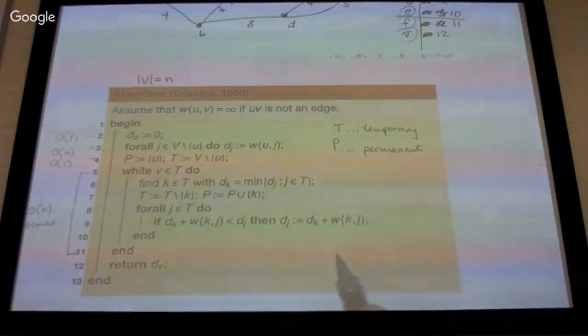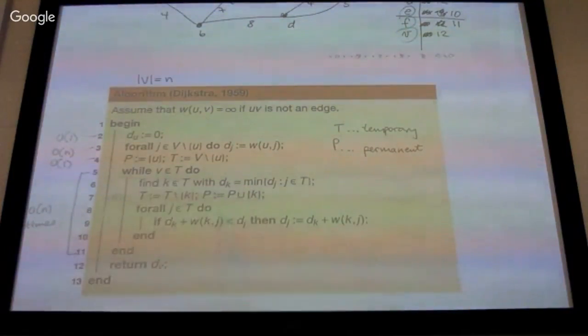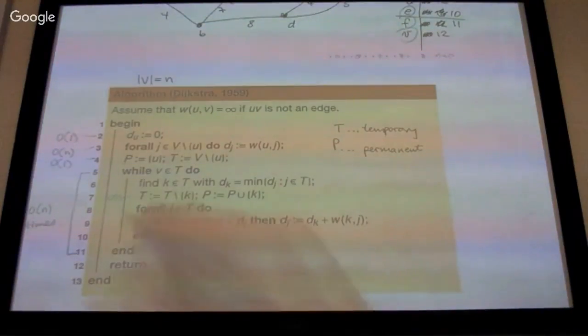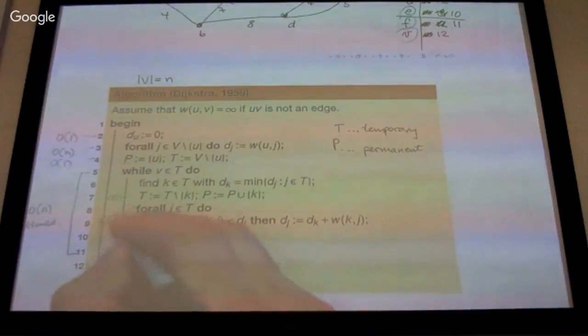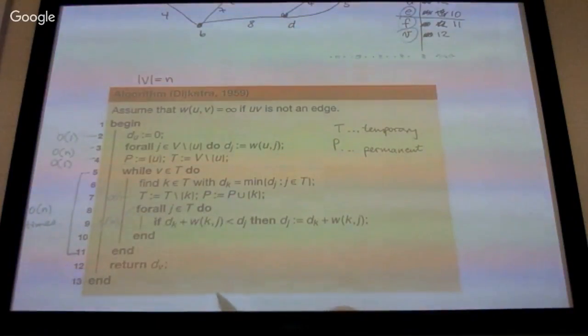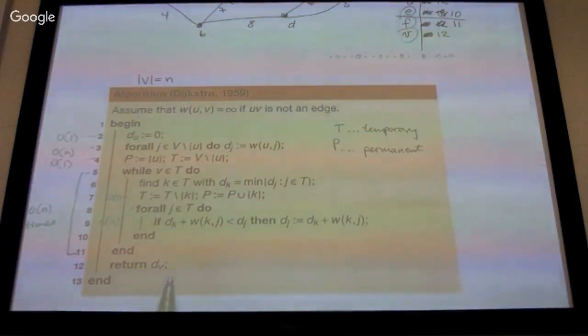Okay, so the things within the loop, this is obviously O of 1. That's just two operations. This little loop is O of n times, because it looks at all the vertices; it could be less than n.